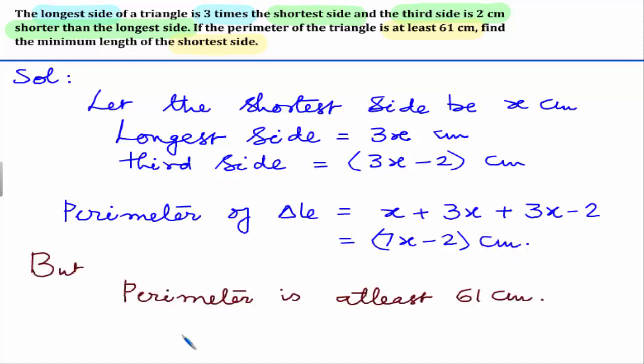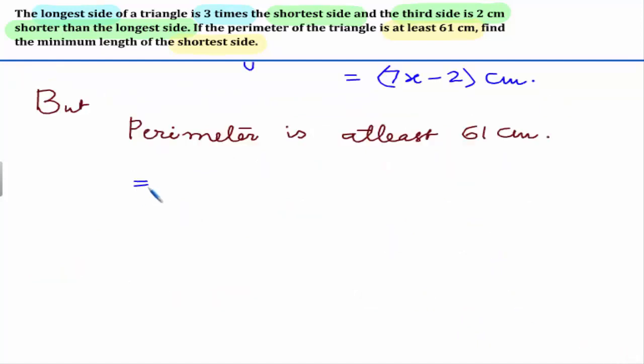But according to the question, the perimeter of the triangle is at least 61 centimeters. When we say at least, it should be greater than or equal to 61. So that implies 7x minus 2 should be greater than or equal to 61.